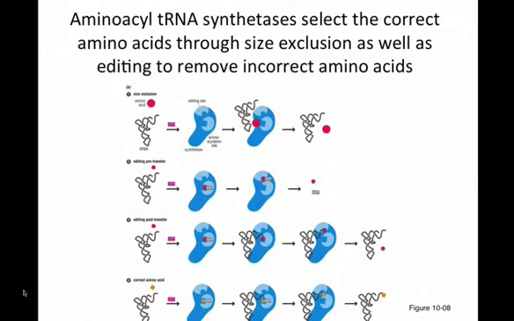Or if you actually do get aminoacylation and it's not the right shape and doesn't fit correctly in the aminoacylation site, it will get pushed over to the editing site and removed. Only the correct amino acid is allowed to be attached and remain attached to the tRNA. This is pretty important if you think about it.